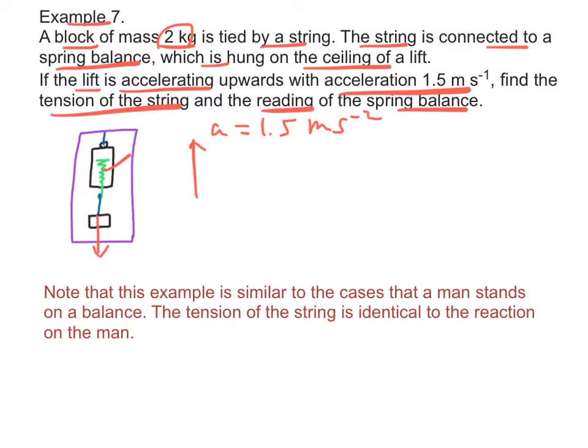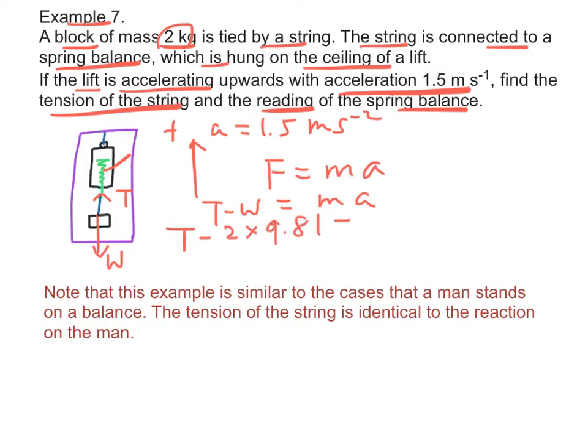First, let's draw the force diagram on the block, which is the weight and the tension. By taking upward as positive, we have F equal to ma, T minus W equal to ma, T minus 2 times 9.81 equal to 2 times 1.5.